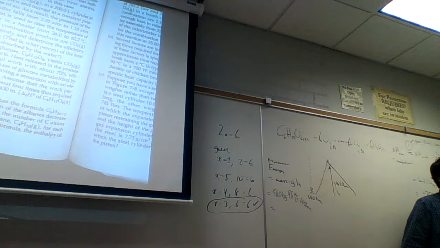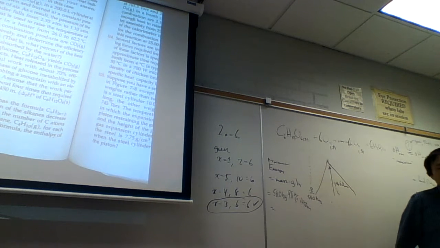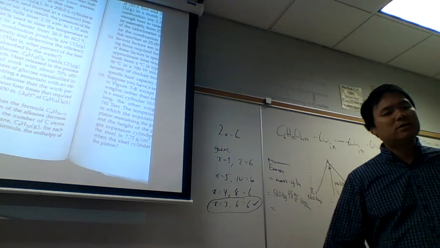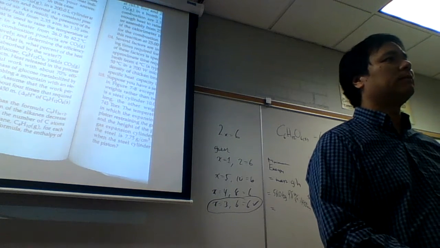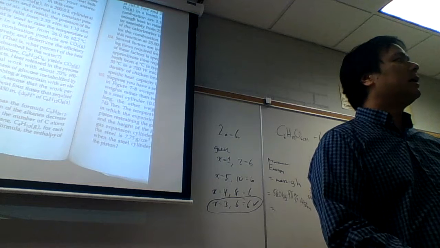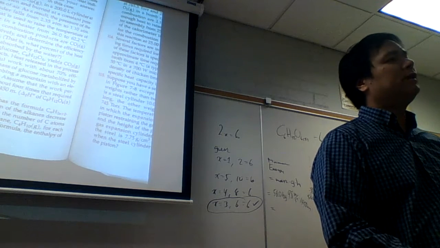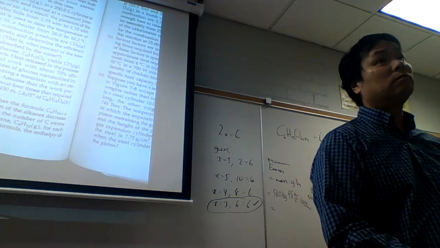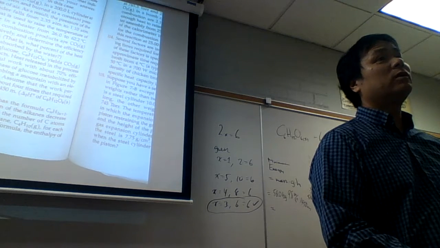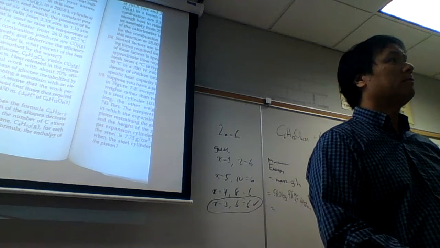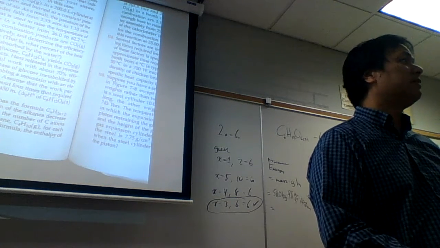What causes a gas to deviate from ideal behavior? Because so far all we've been doing is assuming pure ideal behavior. But if it starts to deviate from ideal behavior, wouldn't that affect the volume? And it does. It affects the volume, yes.